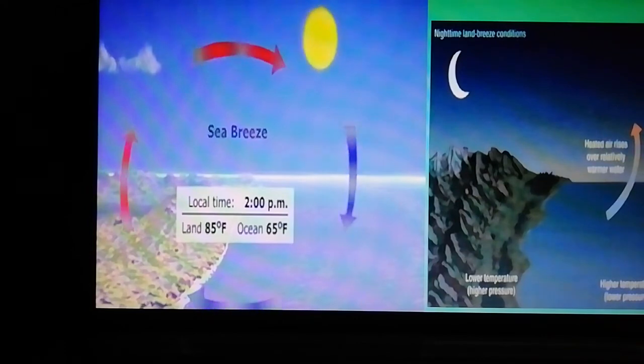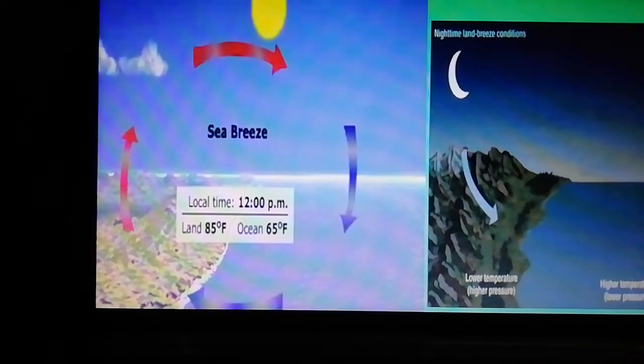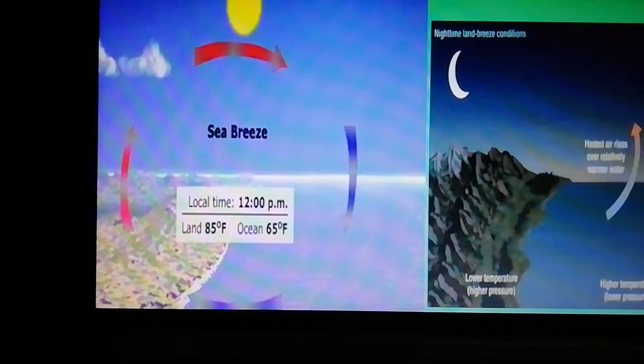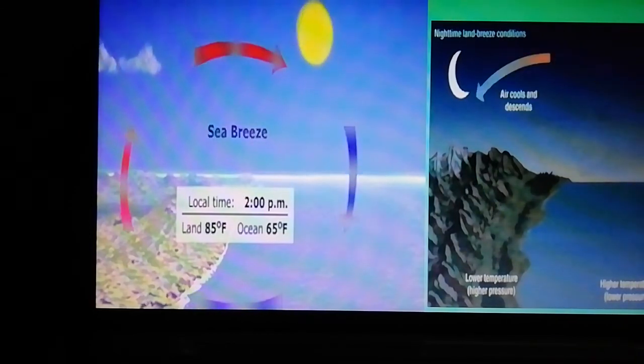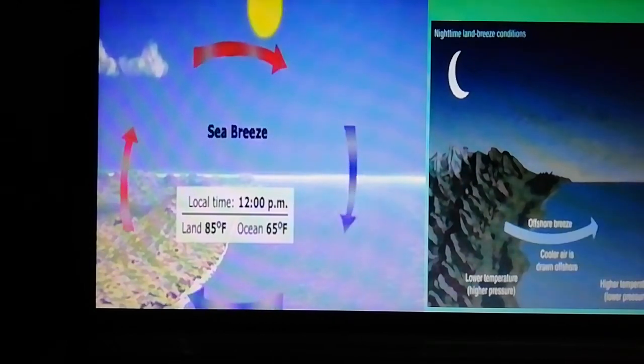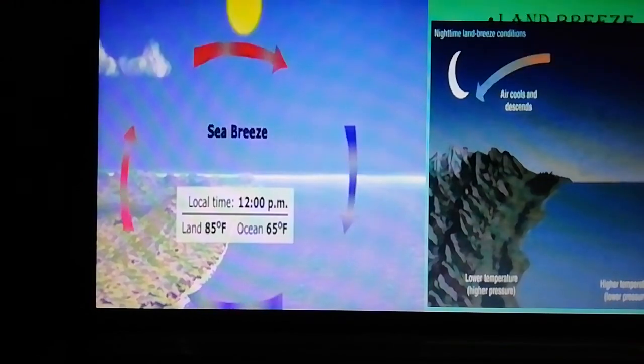So this is known as land breeze. All right, so this is an example of convection where heat is transmitted in substances by actual movement of particles of that particular substance. So this is sea and land breeze.